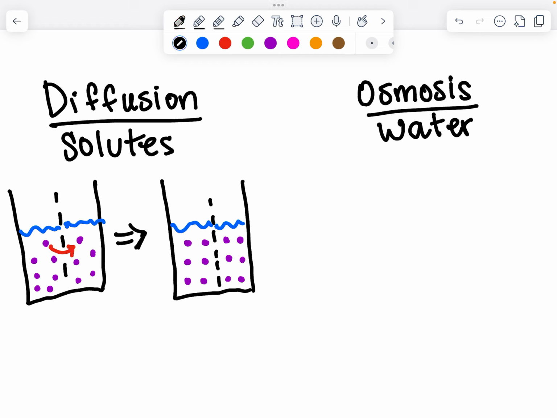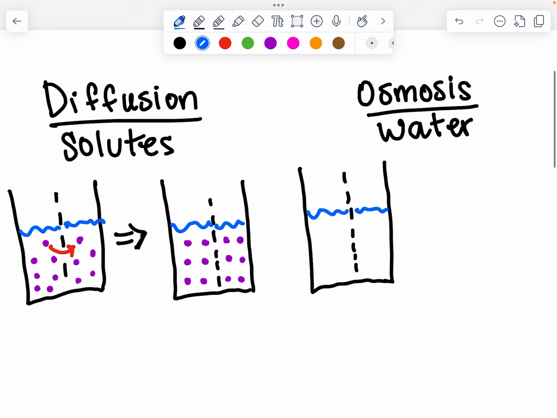In osmosis, only the water can move, not the solutes. So once again, we'll draw our beaker and we'll draw our semi-permeable membrane. This time, we are going to have our water, and we're going to have our solutes.